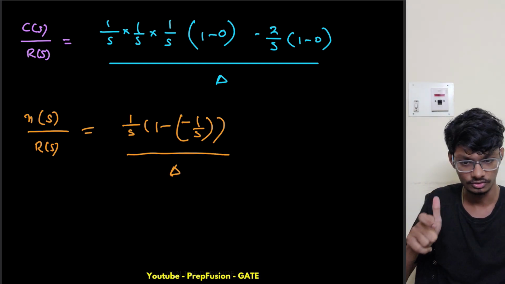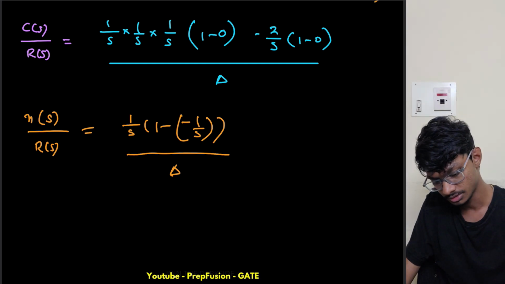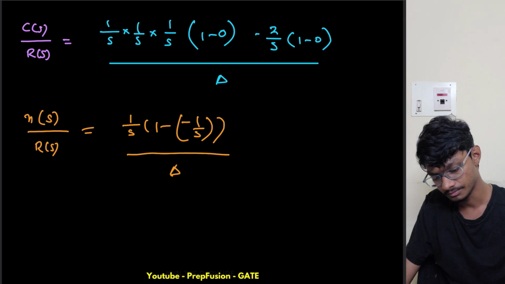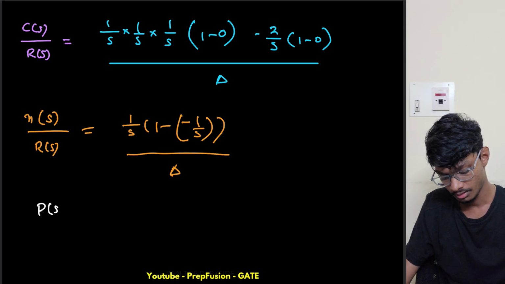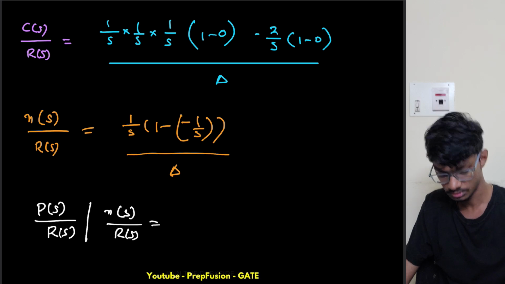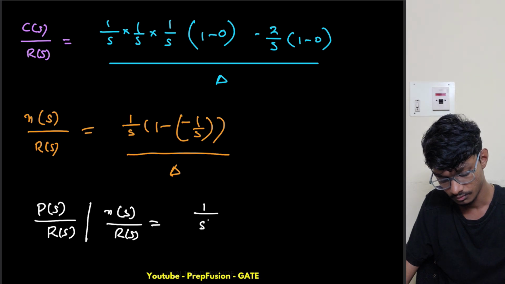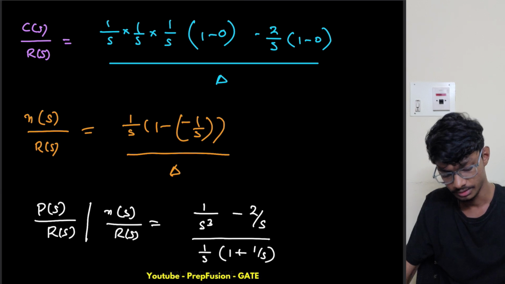Now I will take the ratio of these two. C of s I can write as P of s only, because both of them are the same. P of s upon R of s divided by N of s upon R of s equals, the delta will get cancelled. What I will be left with is 1 by s cube minus 2 by s divided by 1 by s times 1 plus 1 by s.